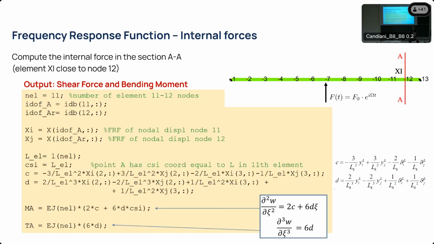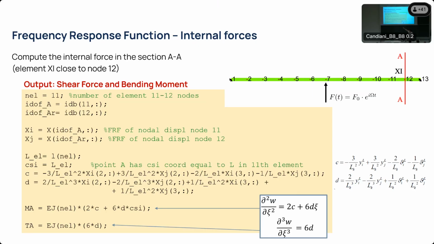We compute the coordinates and the frequency response functions of node 11 and node 12. Each of the two nodes will have three terms: one horizontal displacement, one vertical displacement, and a rotation. You are able to extract them from the computations we did before, from the frequency response function matrix. So those terms are known because we computed them before.